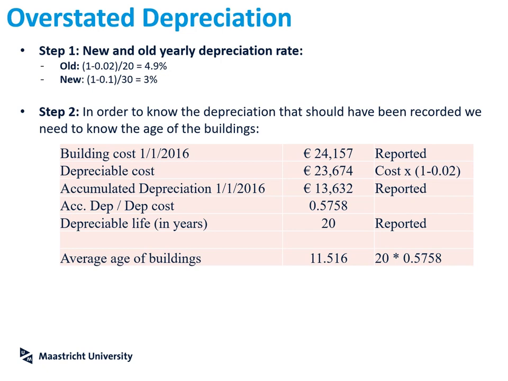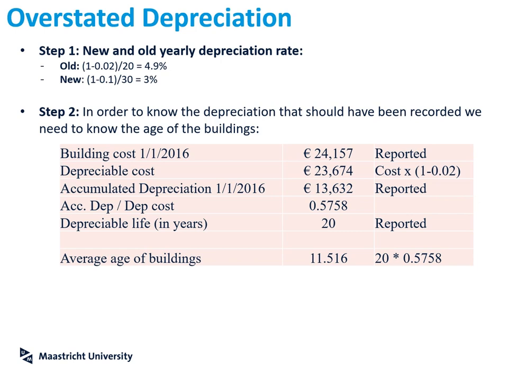So if we look at the financial statements, we see that the building had an acquisition cost of 24.157 billion. That's how much we paid to acquire all of the buildings. Given the 2% residual value assumption, that would imply that over the useful life of 20 years, we should depreciate 23.674 billion.